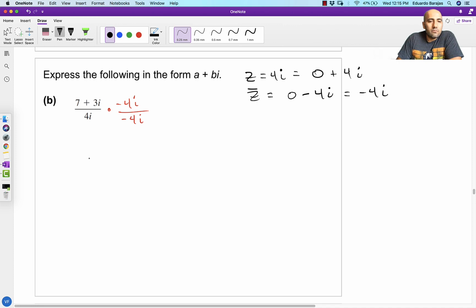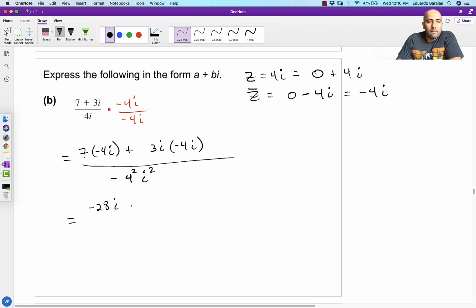And so we end up getting 7 times negative 4i plus 3i times negative 4i divided by negative 4 squared, or just 16, and then i squared. Right, so we'll get negative 28i minus 12i squared divided by negative 16i squared.